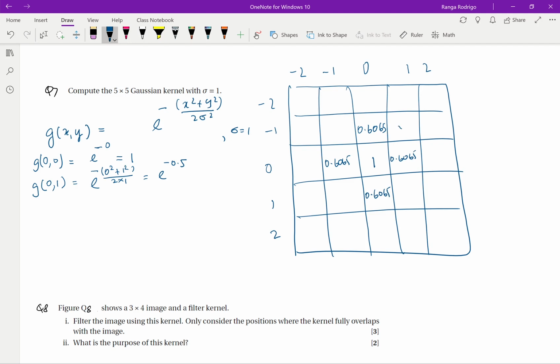Now let's consider a location like this, 1 and 1. So G(1,1).